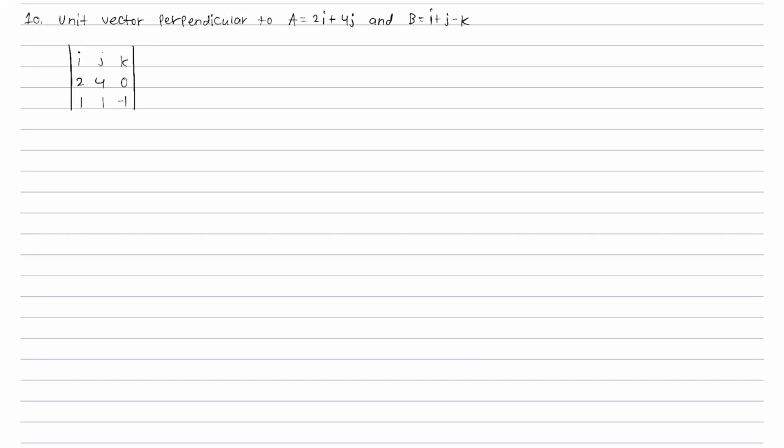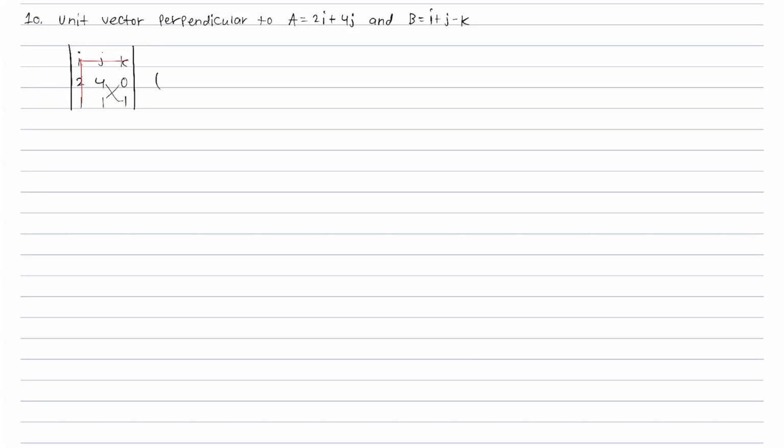Okay, so in order to determine this cross product, we have to find the determinant, basically. To do that, you want to start off by eliminating the row and column associated with whatever component you're looking for. Since we're looking for the i component of this resultant vector, you want to cancel out the row and column that contains i, and we're going to find the determinant of the resulting 2x2 matrix.